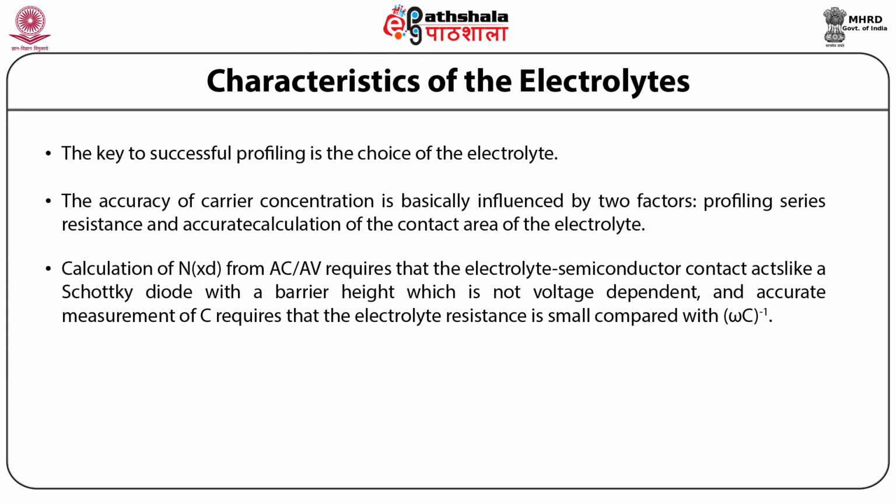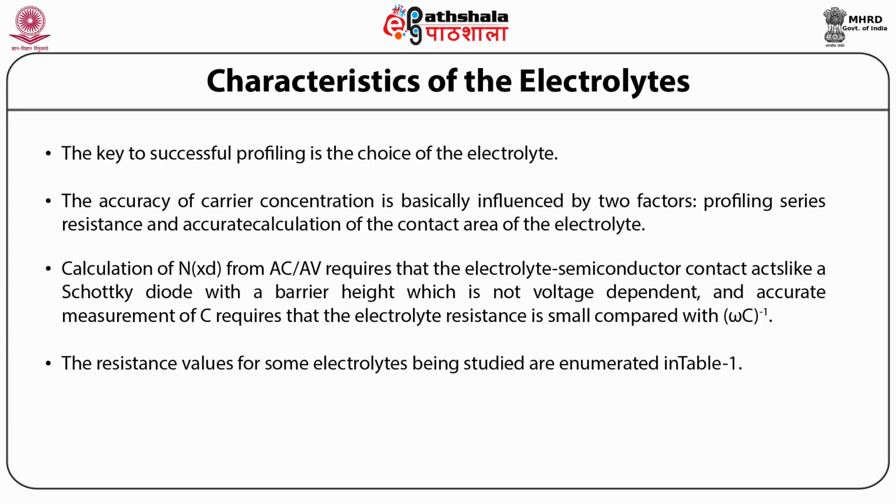Calculation of N as a function of Xt from Ac divided by Av requires electrolyte semiconductor contacts like a Schottky diode with a barrier height which is not voltage dependent, and accurate measurement of C requires the electrolyte resistance to be small compared with 1 by omega C.